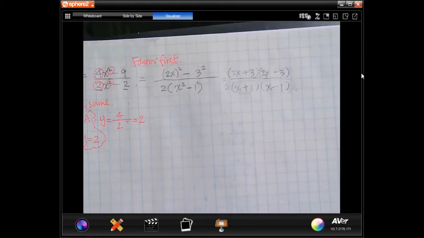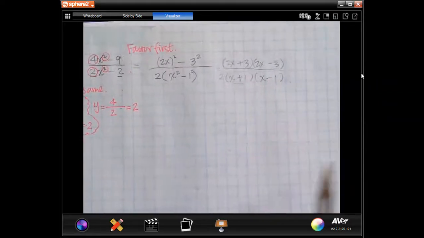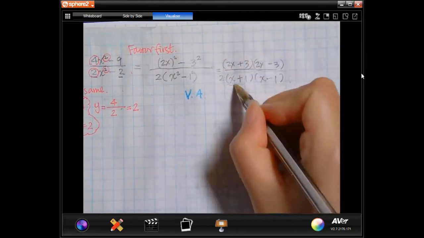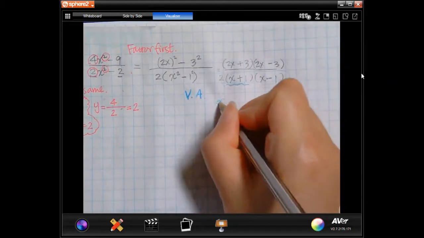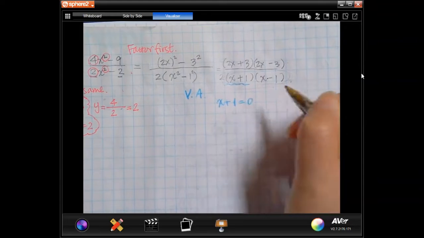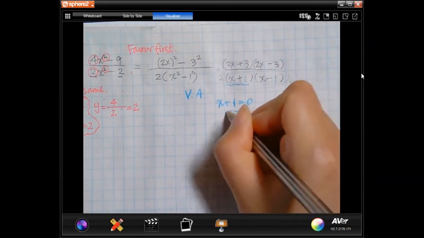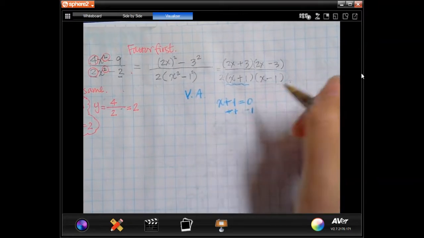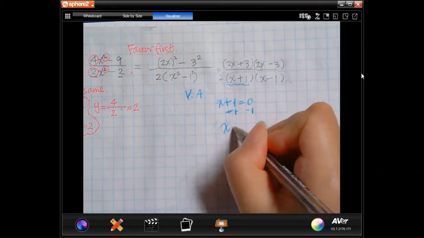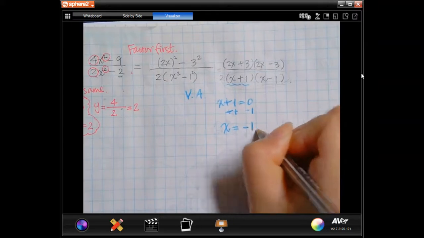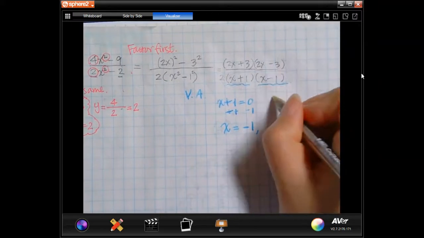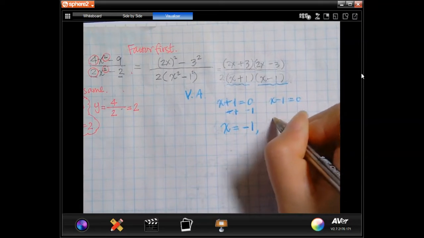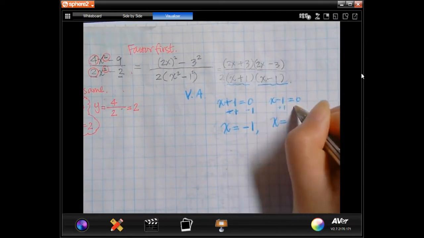Why? It's the same procedure. So I will do the vertical asymptote from the first factor, which is x plus 1. Set it equal to 0 and solve it. Minus 1, so x is negative 1. And the second factor is x minus 1, set it equal to 0, and x is plus 1.